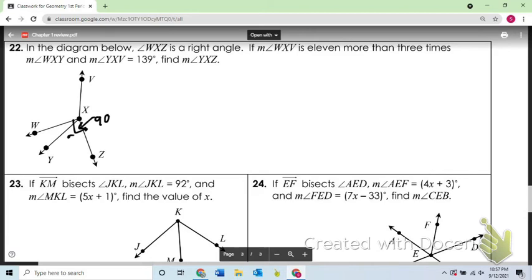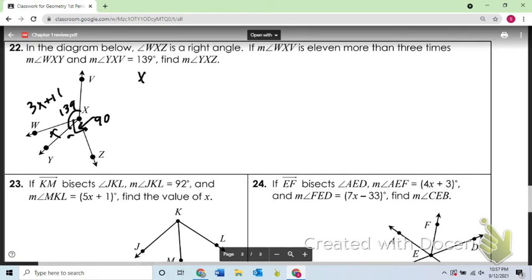So what we do in this is we take the one that is being related back to, in this case WXY, and we say that's X. So if that's X, then WXV is 11 more than 3 times that. And then we're told that that angle right there is 139 degrees.